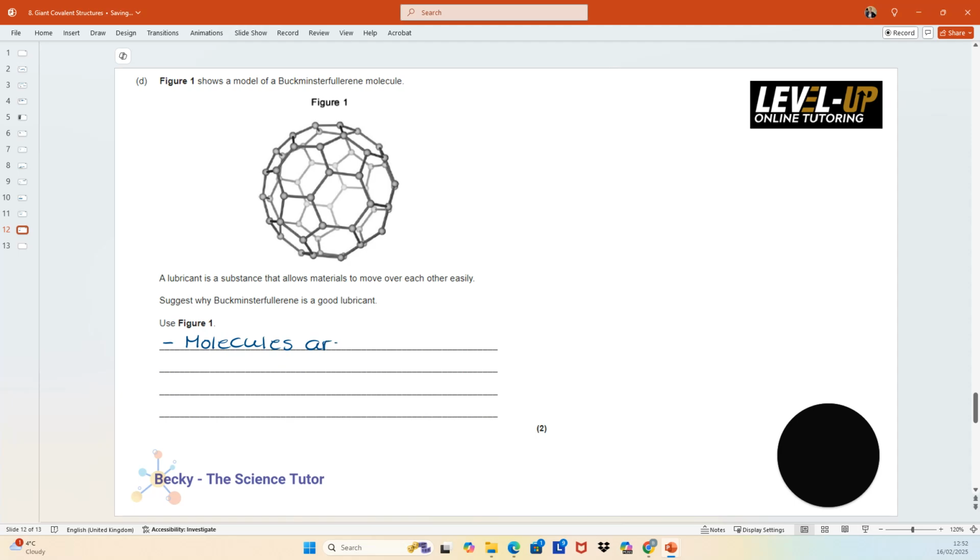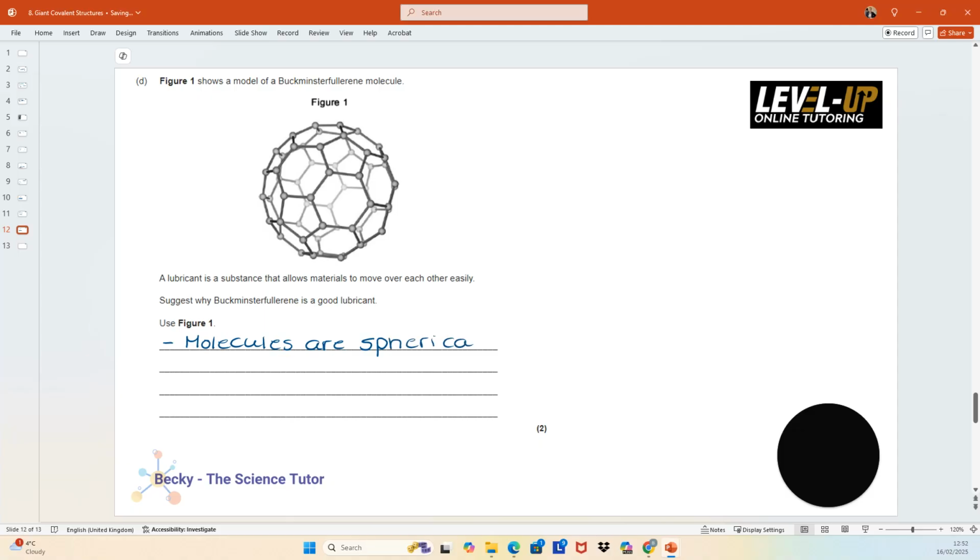Remember, if you word these answers slightly different, the molecules are spheres, that's okay. It doesn't need to be word for word. Remember, these are all ideas around. So it's just giving an idea, explaining that you know that these molecules are round, or that they're spherical, or that they're sort of spheres, however you say it.